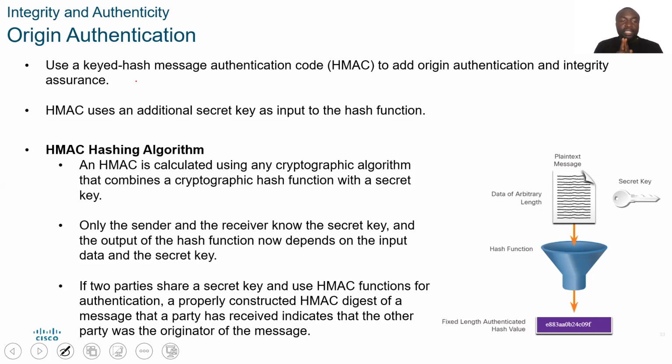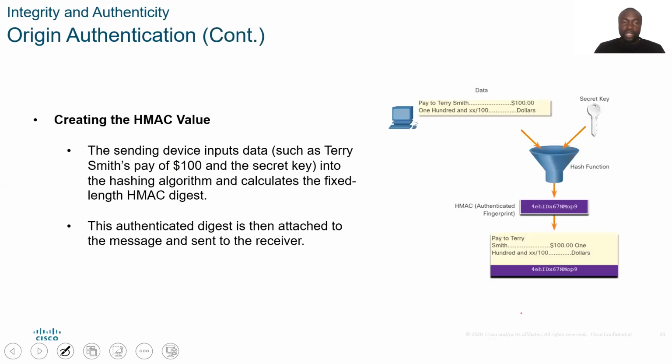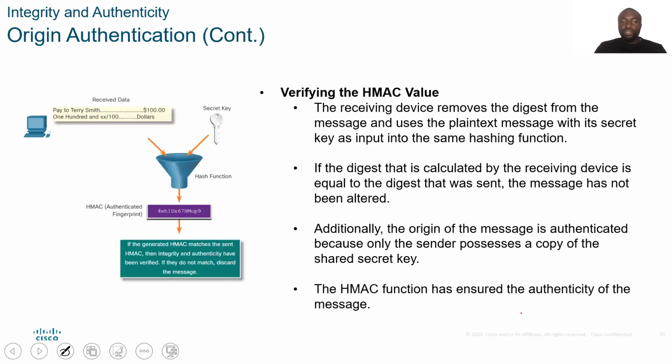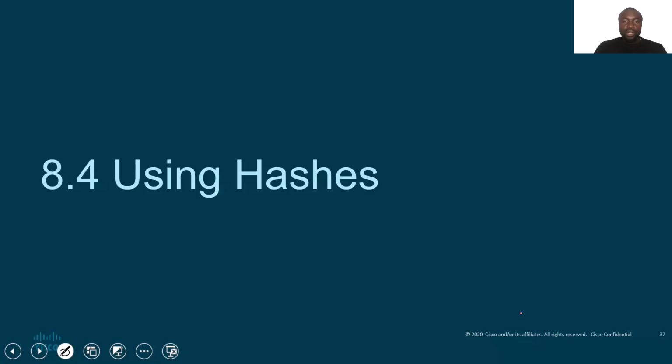So an HMAC is calculated using any cryptographic algorithm that combines a cryptographic hash function with a secret key. So you need a secret key, and then you add the hash function before you get your hash value. These are just examples of how it works.